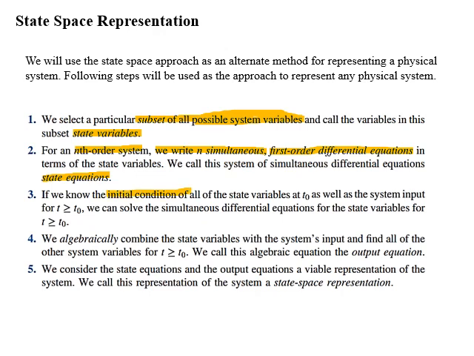Now for given initial conditions and input to the system, we can solve the simultaneous differential equations for the state variables and can find out behavior of a system for any time instant greater or equal to initial or start time, which is t0.